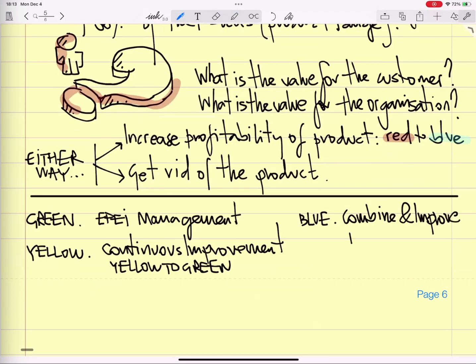We want to turn blue to yellow. Okay? And red, we want to either turn red to blue or get rid of it.